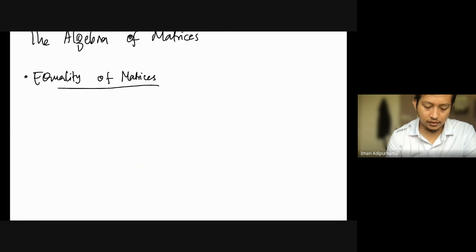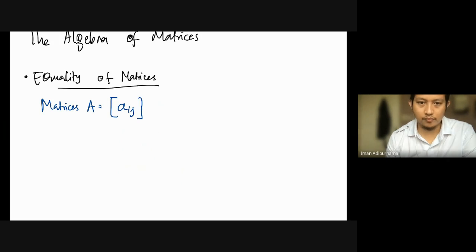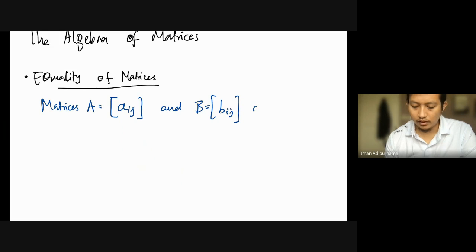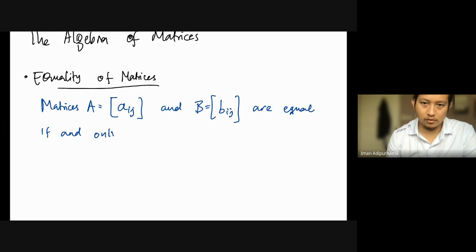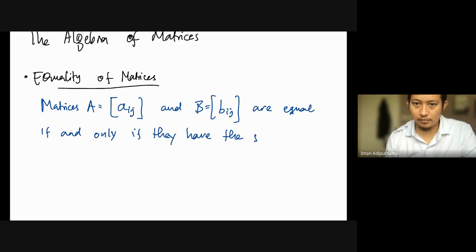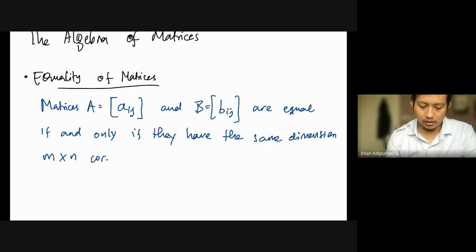We call matrices A with some row and column, and B also with some row and column, they are both equal if and only if they have the same dimension, row and column, and corresponding entries are equal.